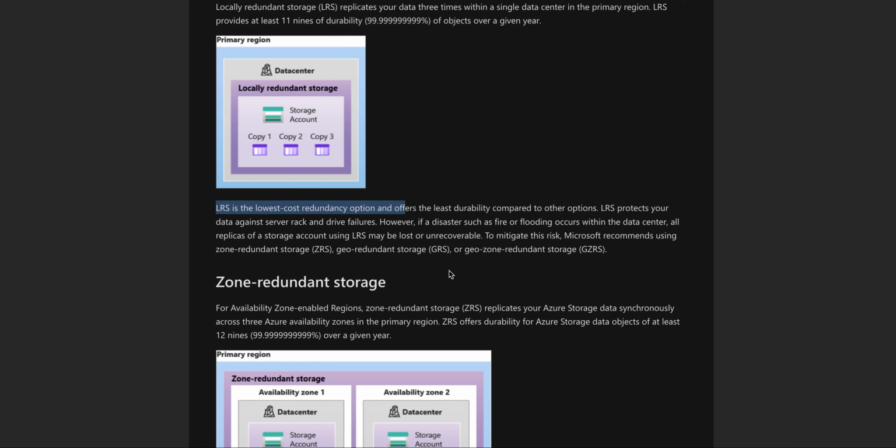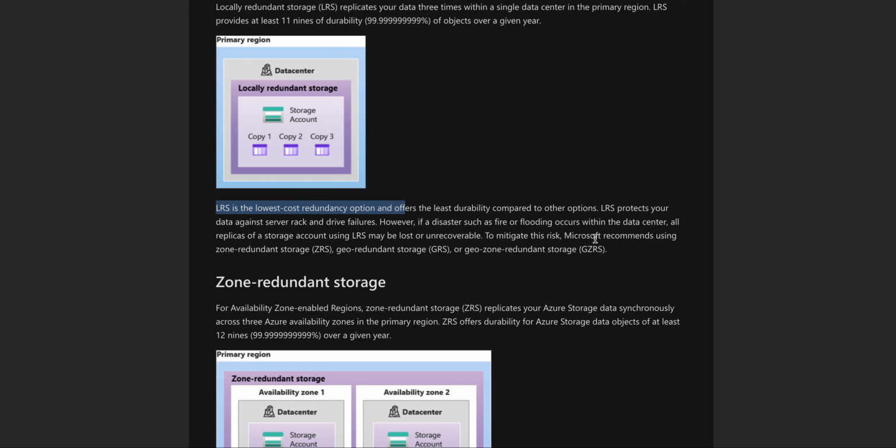However, if a disaster such as a fire or flooding occurs within the data center, affecting most of the components and data in the data center, and you can't do anything about it, because you have everything under one data center, all replicas of a storage account using LRS may be lost or unrecoverable.